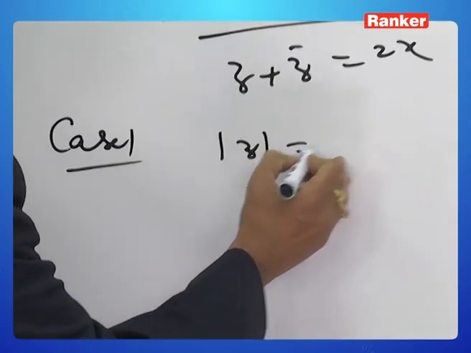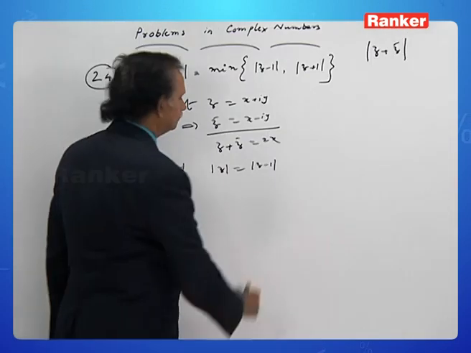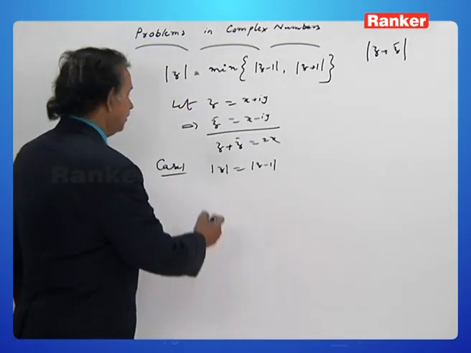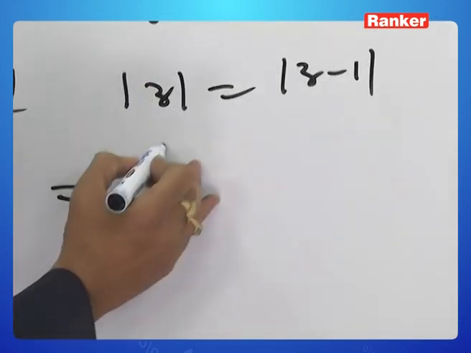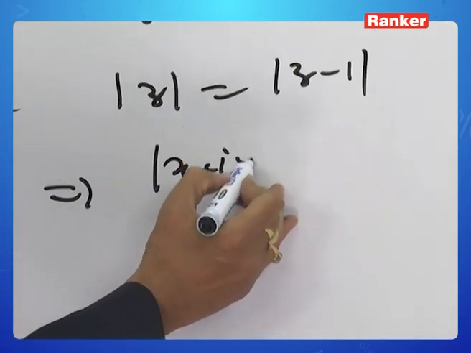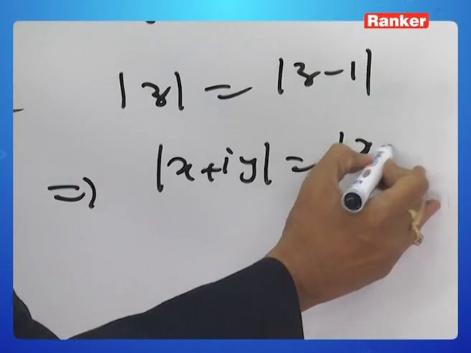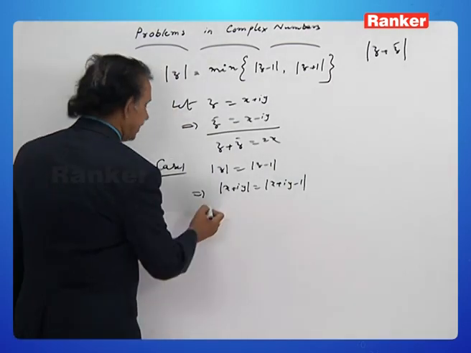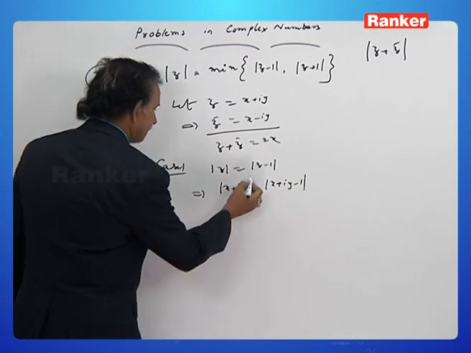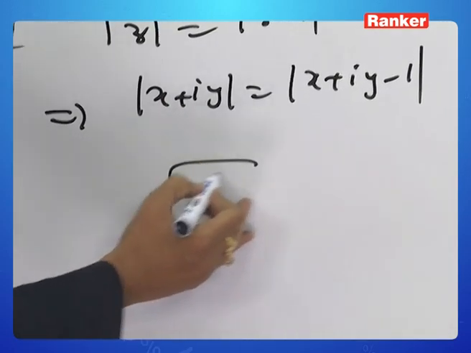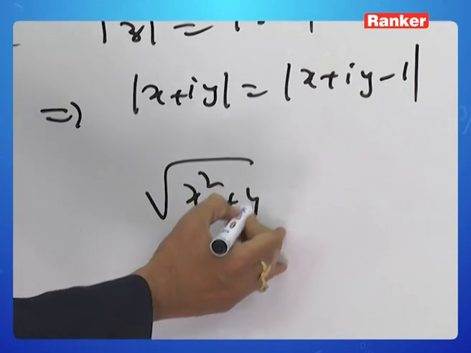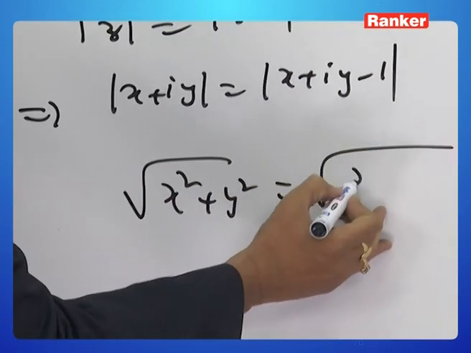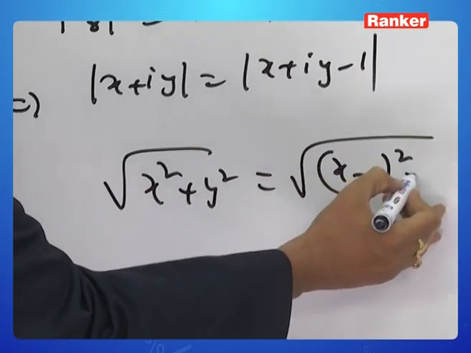Mod z is equal to mod z minus 1, which implies mod x plus iy is equal to mod x plus iy minus 1. Here it is root of x square plus y square, and there it is root of x minus 1 whole square plus y square.